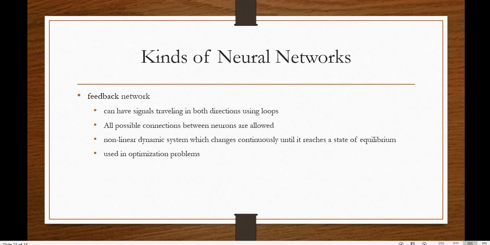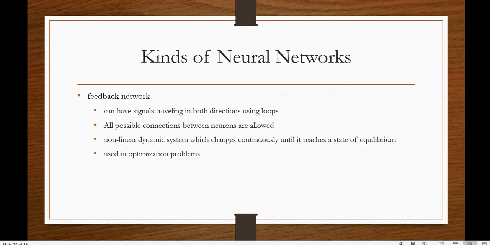There are some problems where you have to find the best solution. Whenever you have to find the best solution, generally we try to do it in all possible ways, or we learn from the previous steps and try to improve continuously. That is the kind of optimization problem where a feedback network is very much applicable.